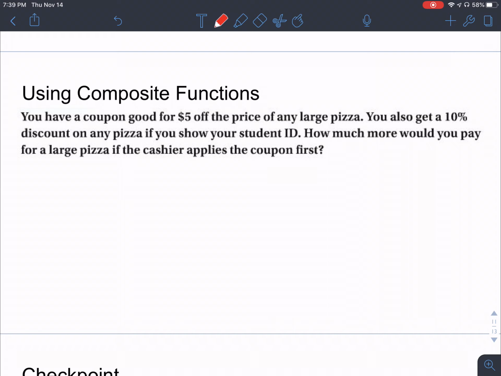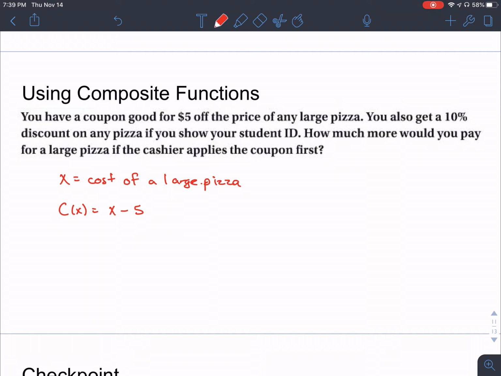So let's say that if x happens to be the cost of a large pizza, and let's call c of x the cost using the coupon, then that would be the cost is $5 off the price of any large pizza. So that would be the price of the large pizza minus 5.